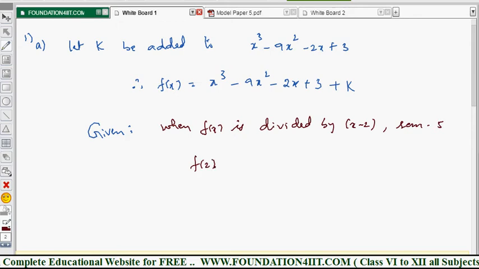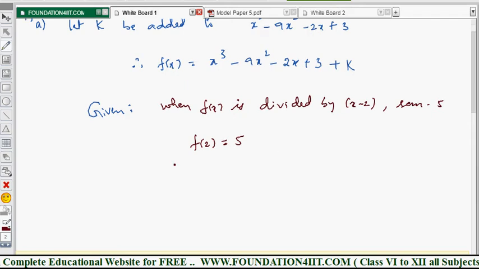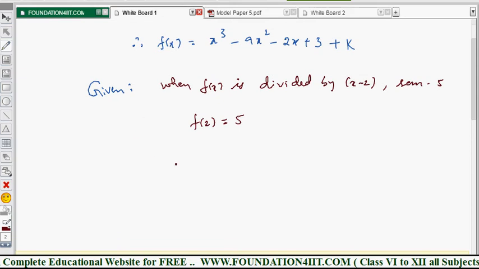Therefore f of 2 is equal to 5, because x minus 2 is the divisor. This is by the remainder theorem. Wherever x is there, substitute 2. Then 2 cube minus 9 into 2 square minus 2 into 2 plus 3 plus k is equal to 5. From this you'll find the k value.